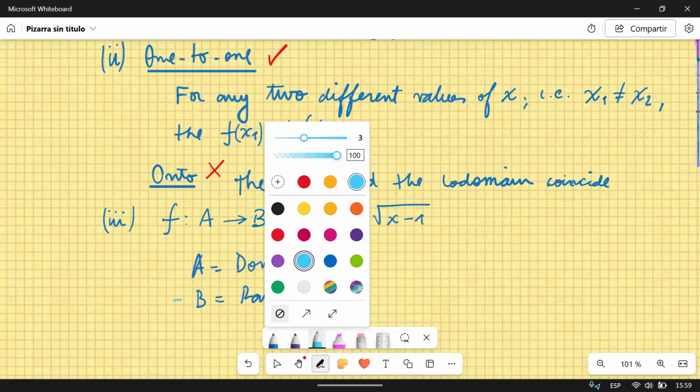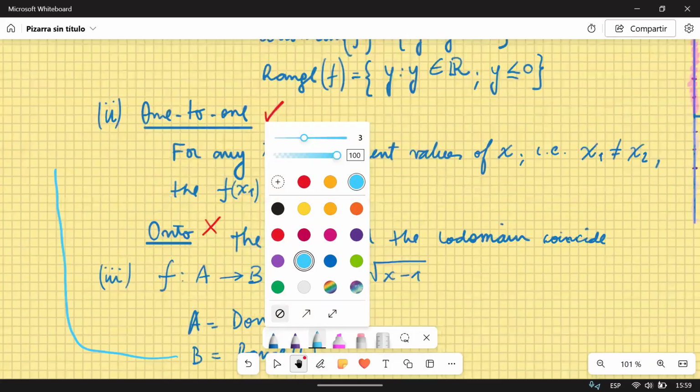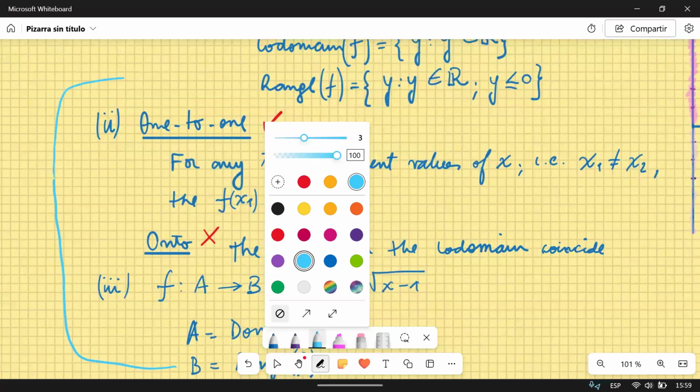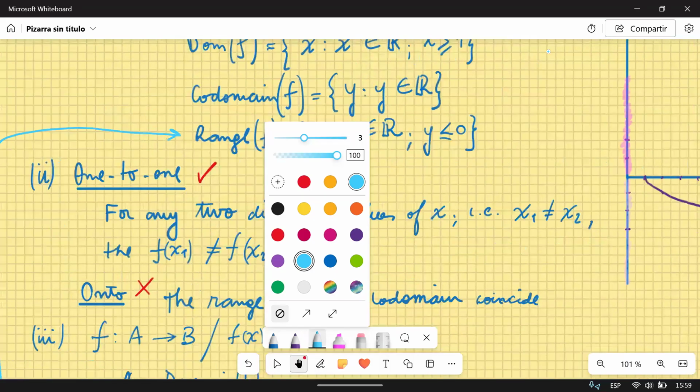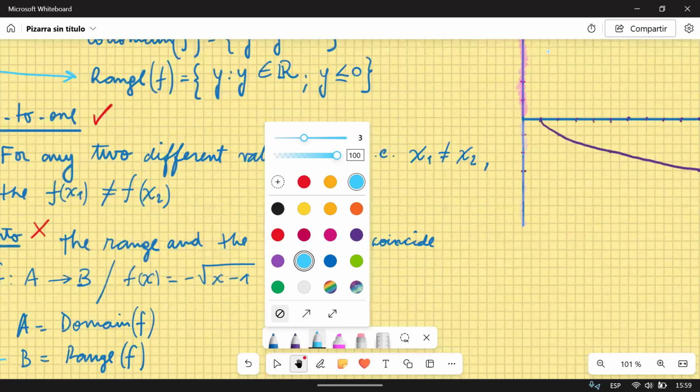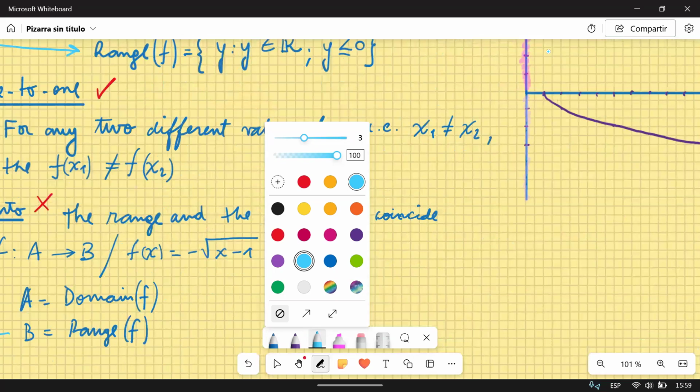So the function now has codomain equal to the range of the function, equal to this set. And now it is as if the positive reals do not exist for the function. And now we can say that the range and codomain are the same.